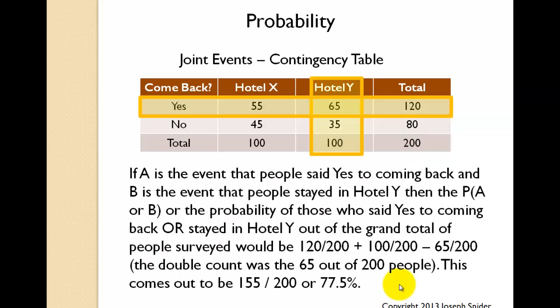If you look at it from these rectangles, you can see that the double counting occurs on 65.